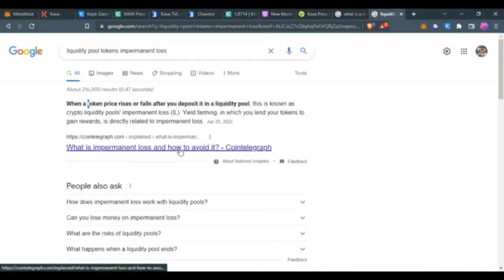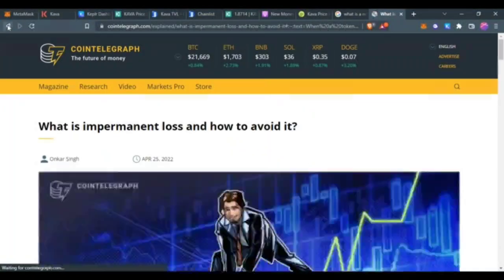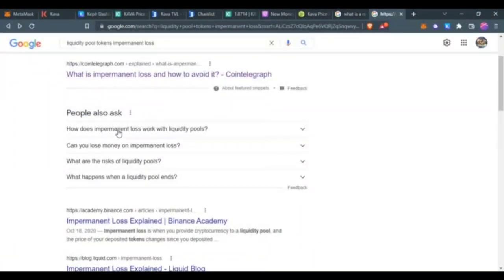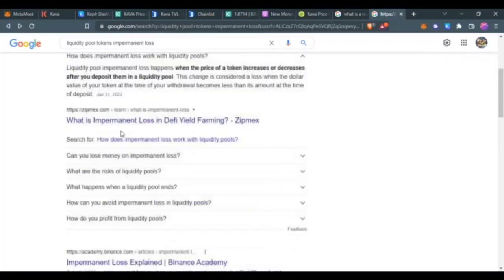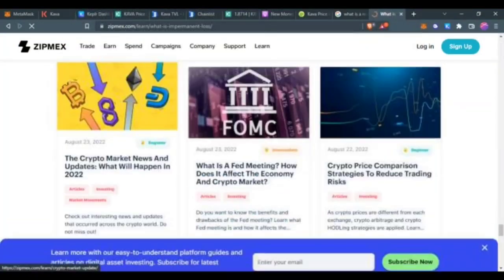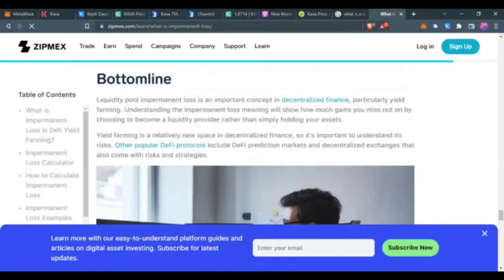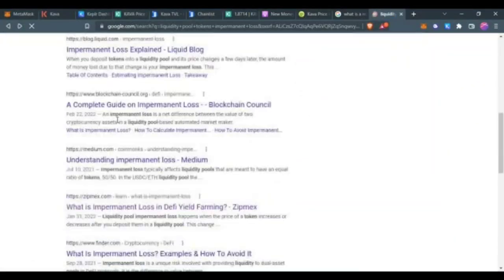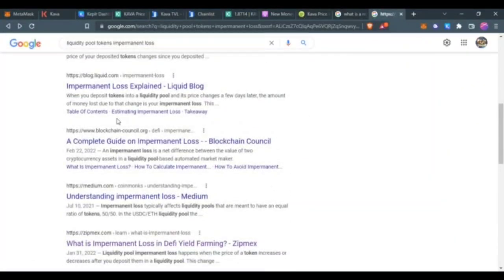Yield farming, in which you lend tokens to gain rewards, is directly related to impermanent loss. Let's see, but no, I don't want to read an article. I don't like these articles.